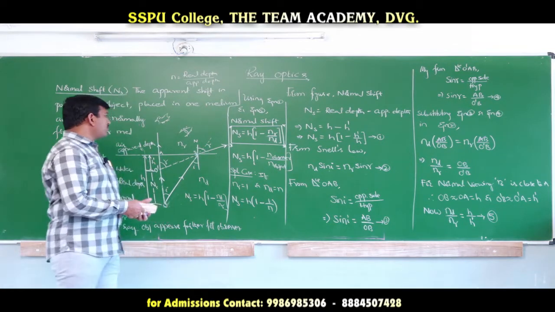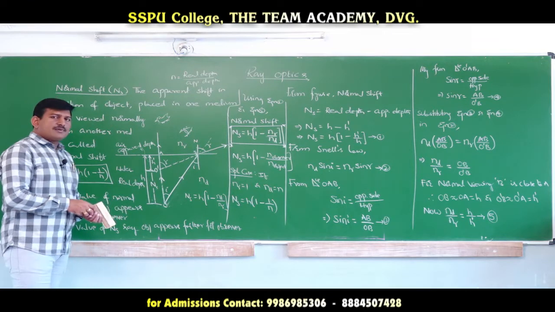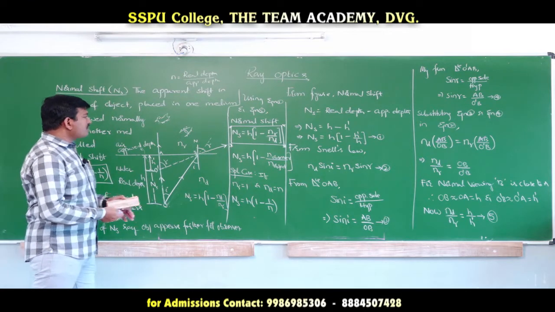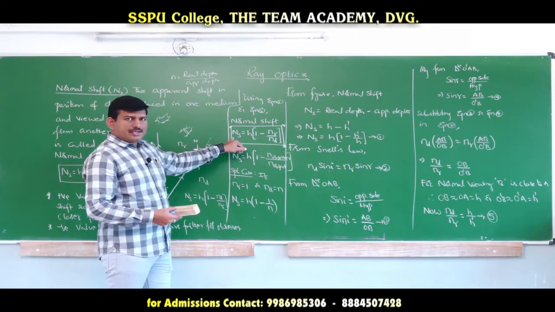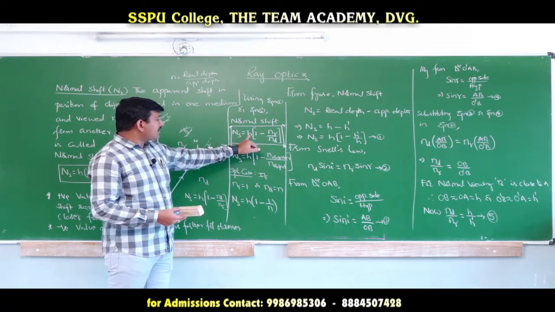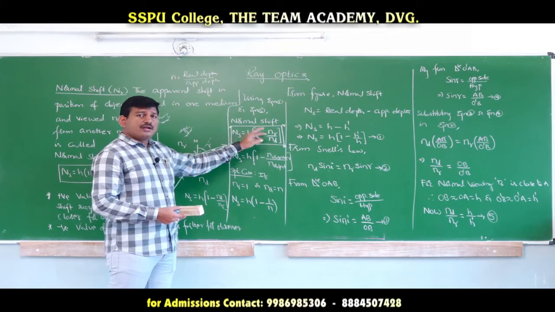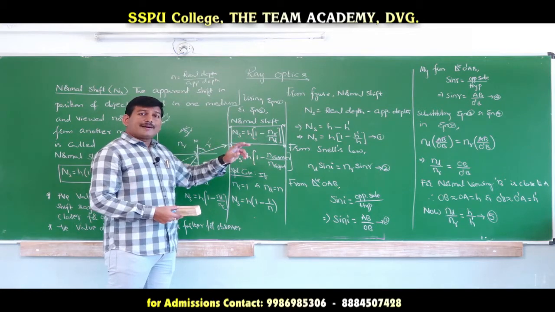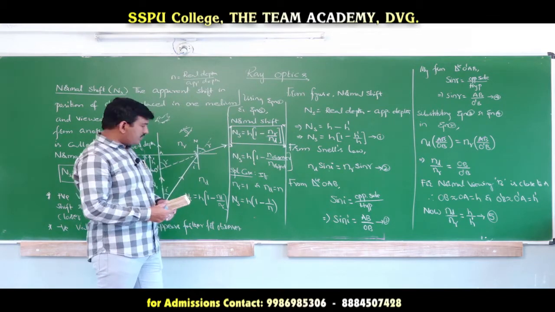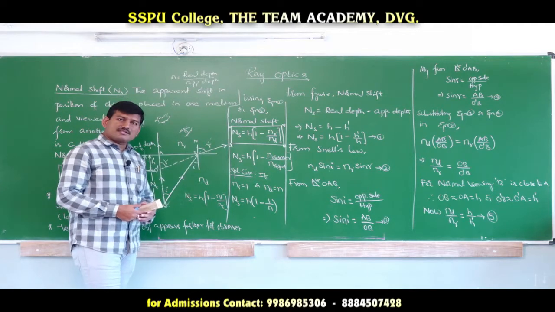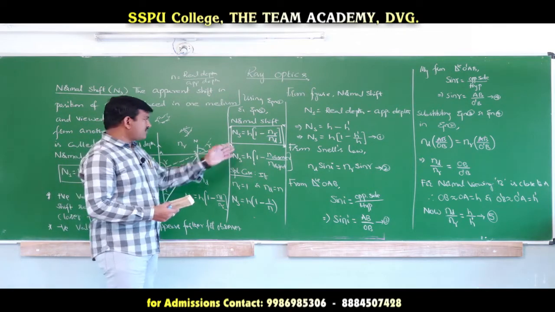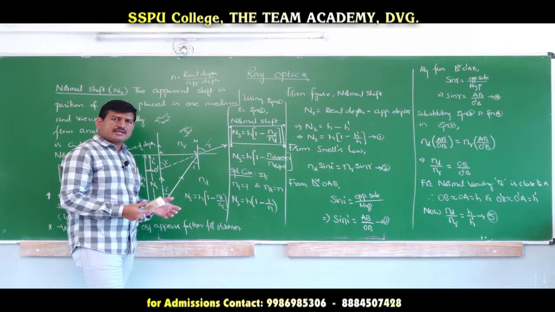So this is about the normal shift phenomenon. And normal shift depends on what? The thickness of the refracting medium, that is h. Normal shift depends upon the refractive index of the observer medium as well as the object medium, and the normal shift also depends upon the color of the light. It depends upon refractive index means it also depends upon the color.